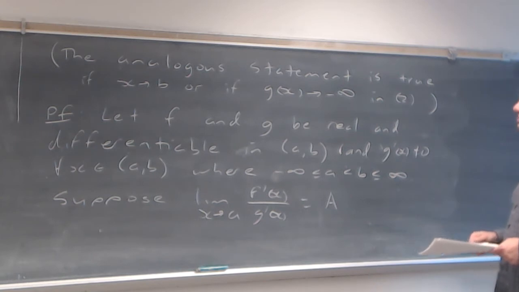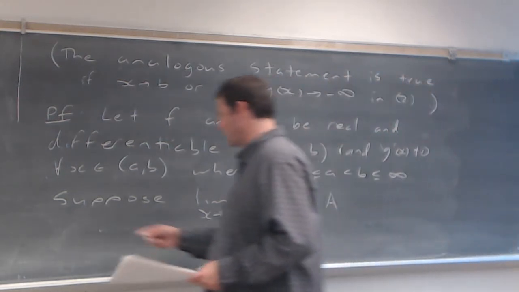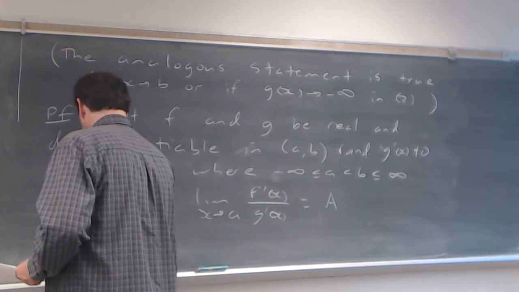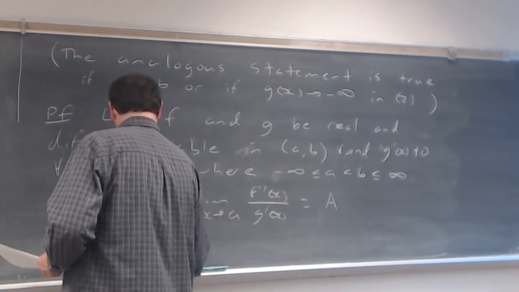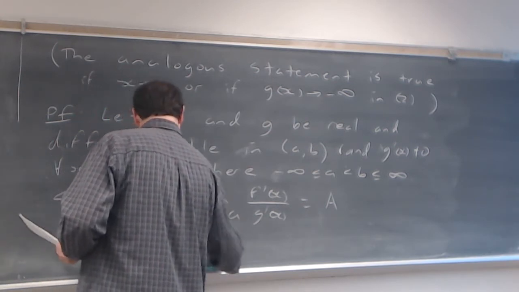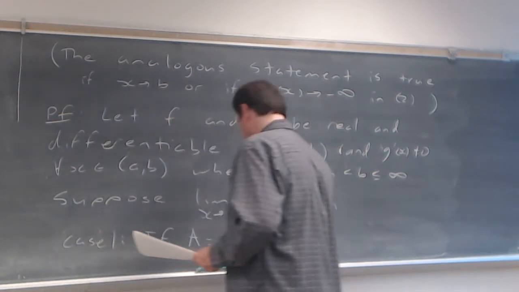And now we're going to get the conclusion by assuming some cases on what A is. So we're really going to have three cases. So here's case one. If A is equal to minus infinity.